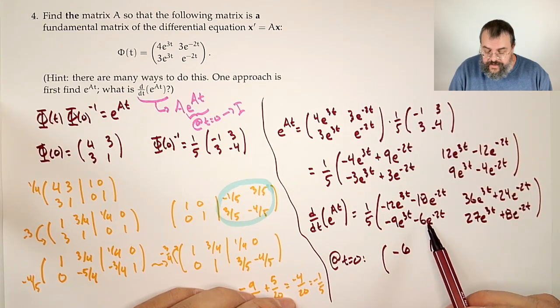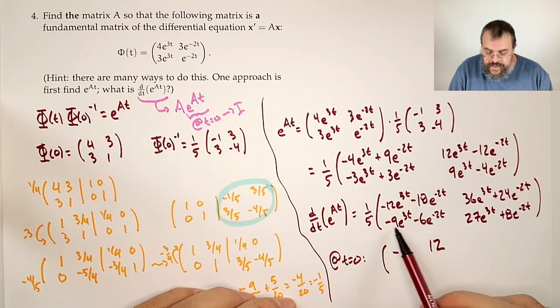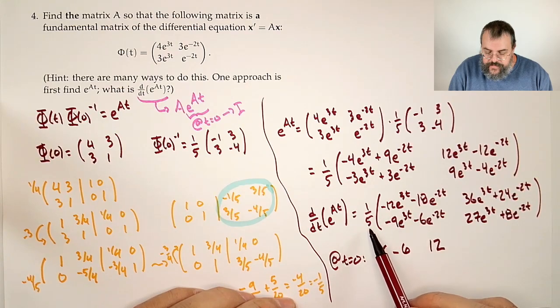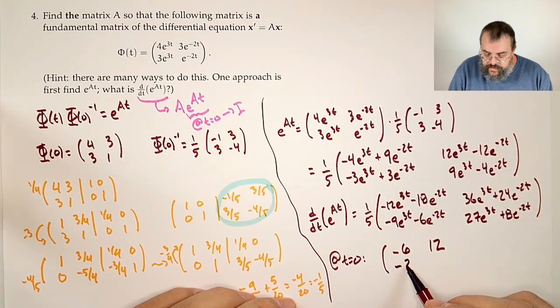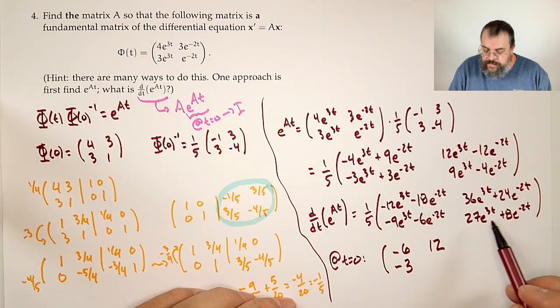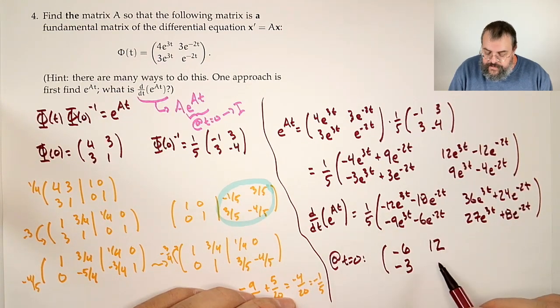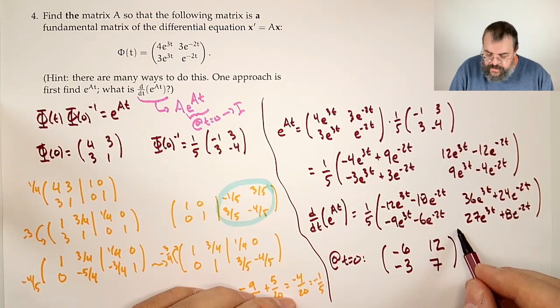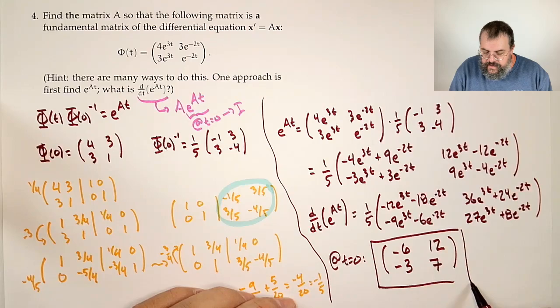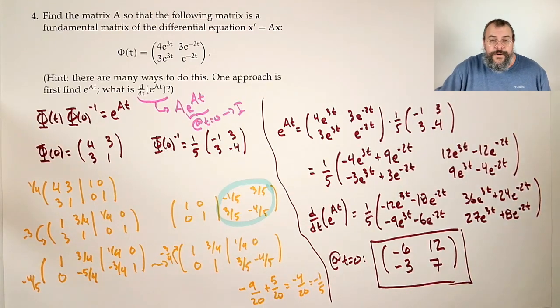Minus 9 minus 6, that's minus 15 times a fifth, minus 3. 27 plus 8, that's 35 times a fifth, 7. And that's the answer. There we go. Wow, it works. We think.